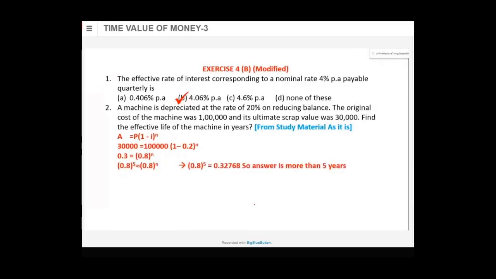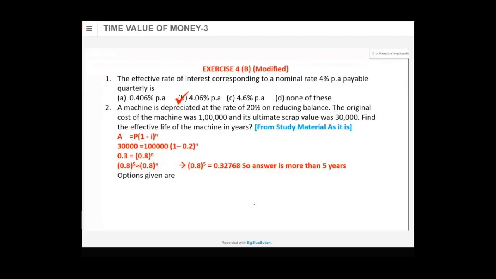So 0.8 raised to 5 is approximately equal to 0.8 raised to n. 0.8 raised to 5 is 0.32768. So the answer is slightly more. We want 0.3, so slightly more than 5.